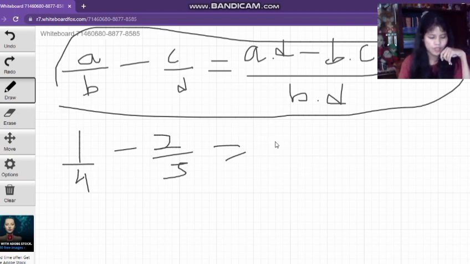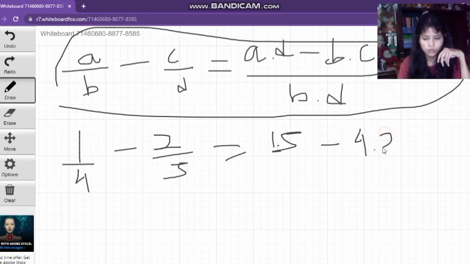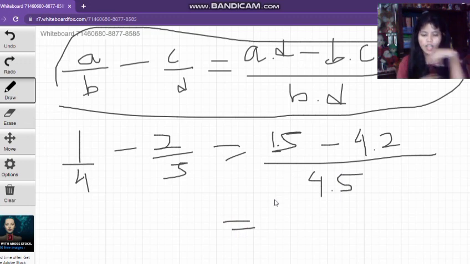We can make it like this: 1 multiplied by 5 minus 4 multiplied by 2 over 4 multiplied by 5, equal. 1 multiplied by 5 is 5, minus 4 multiplied by 2 is 8.